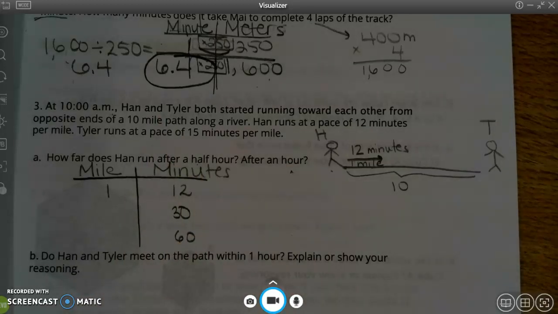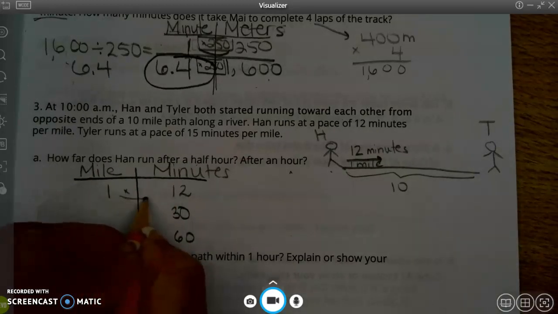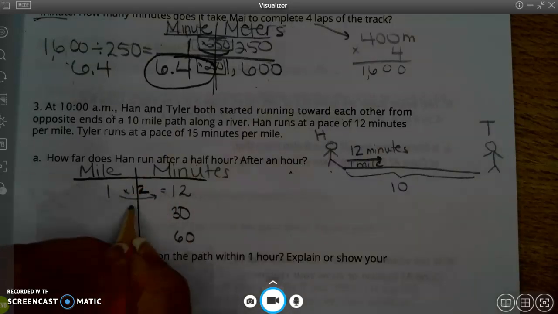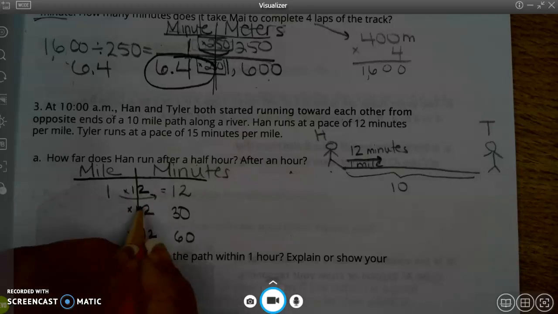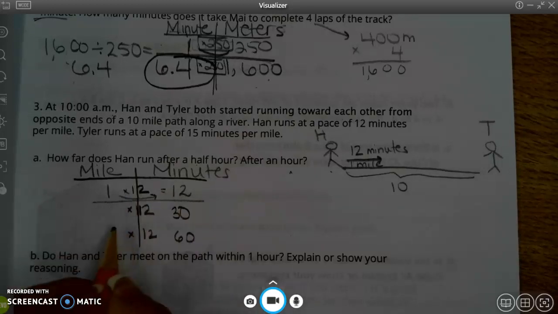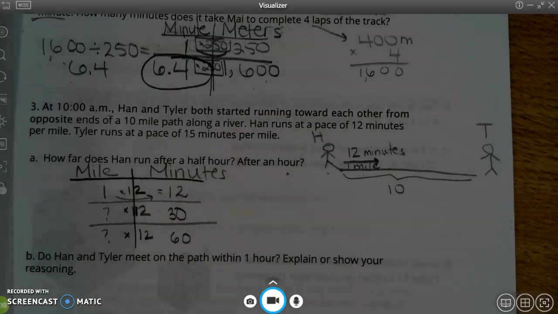So I have my rate. 1 times what number equals 12? It was 1 times 12. So all of these would be times 12 on my table.